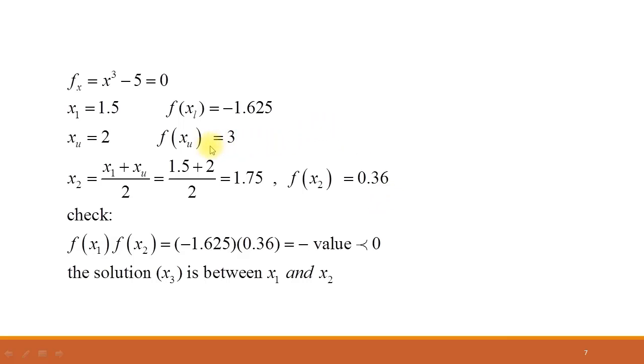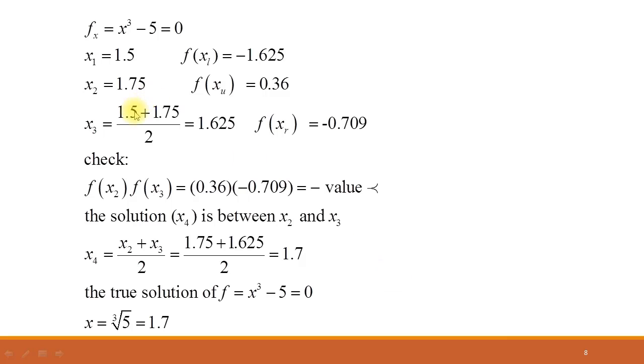In the previous values, the function has positive sign at xu, and negative sign at x1. So dear students, note that the function has positive sign at x2 and negative sign at x1. So the next root x3 lies between x1 and x2, and to find the value of the x3 root, add these two roots and divide by 2: x1 plus x2 divided by 2.